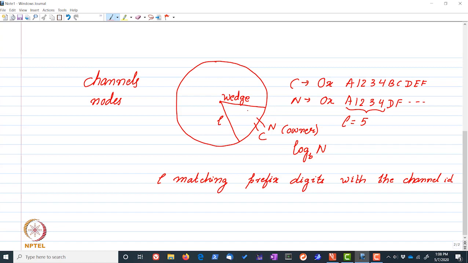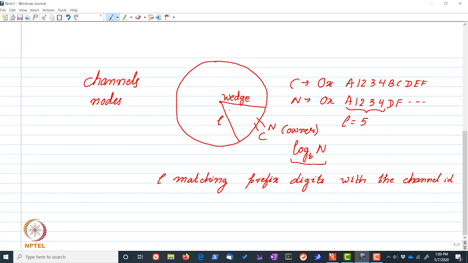So at the beginning, the wedge will contain just the node and the channel, and the polling level is expected to be log n to the base b. But of course, if the channel is very popular, we would like a lot of nodes to poll for the channel. So what we actually do is we partition the hash space in Pastry by defining a wide wedge.